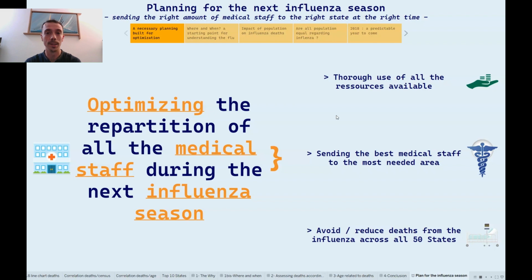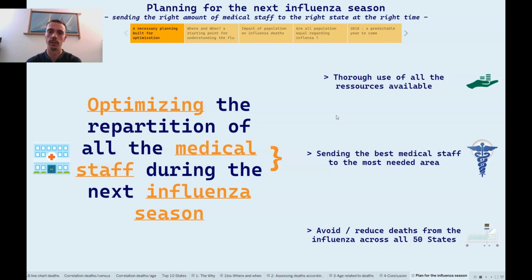Well, as a staffing agency, your main job is to meet the needs across all the states of America in medical staff, sending the right amount of medical staff to the right state at the right time. This is what you are here for today, and especially in order to plan for the next influenza season, your upcoming challenge.